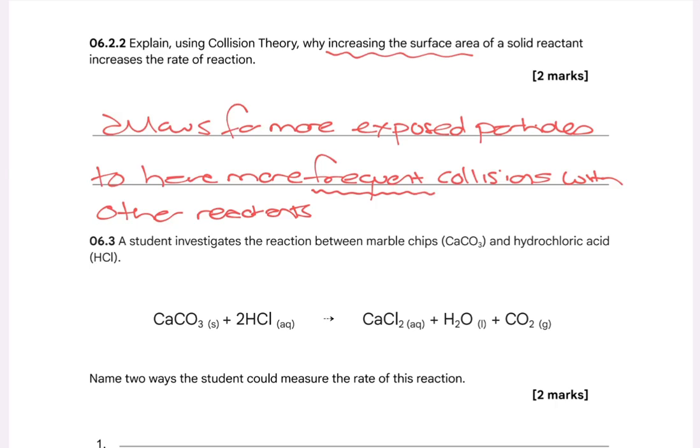Try not to simply write more collisions. If you're writing more collisions, make sure you say more collisions per second. But more frequent collisions gets that idea of time in there, which then allows us to make sure we've answered the increasing rate of reaction. So there's two separate points within that one question, and therefore increasing the rate of reaction, as it's stated.